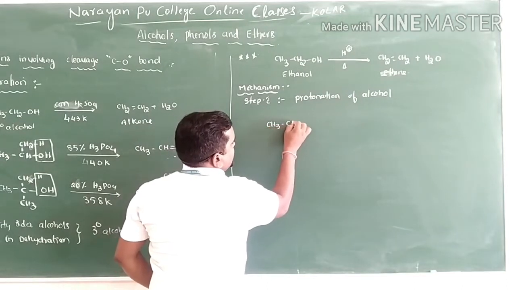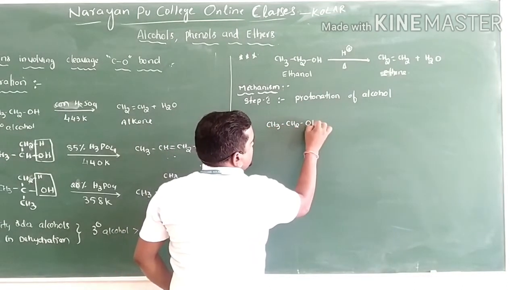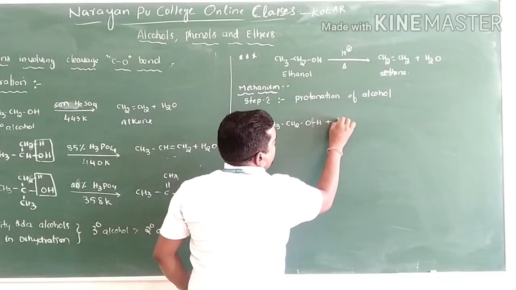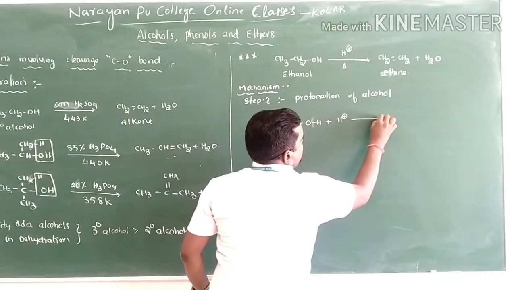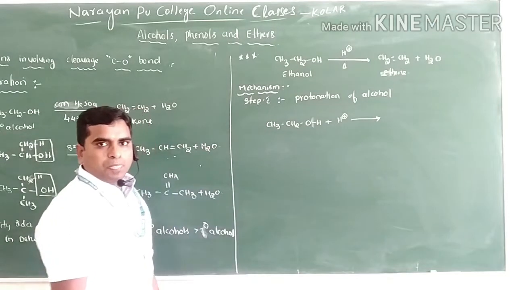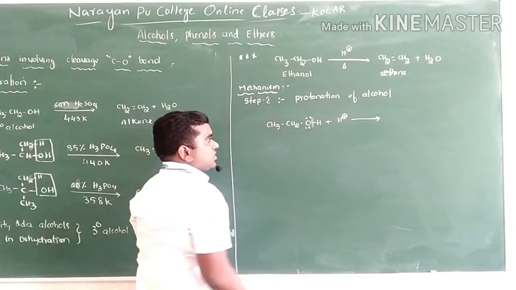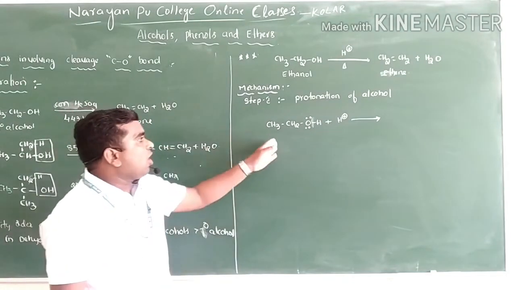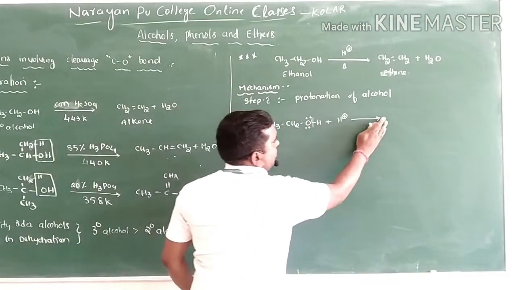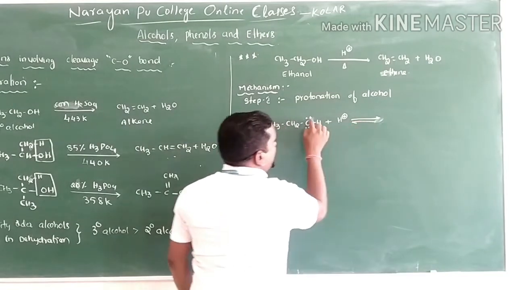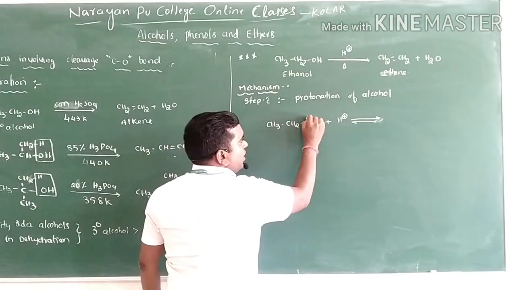CH3CH2OH plus H+. Then what happened? Lone pairs of electrons are there on the oxygen. Oxygen is electron rich and H+ is electron deficient.